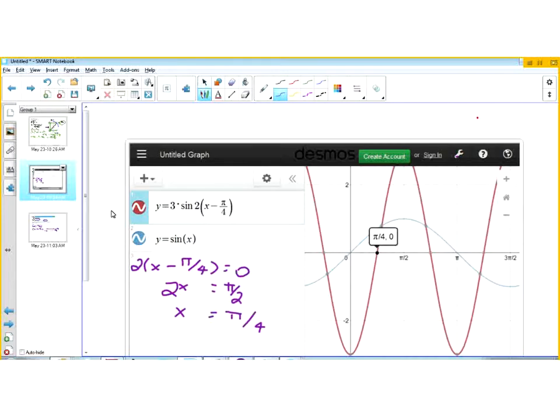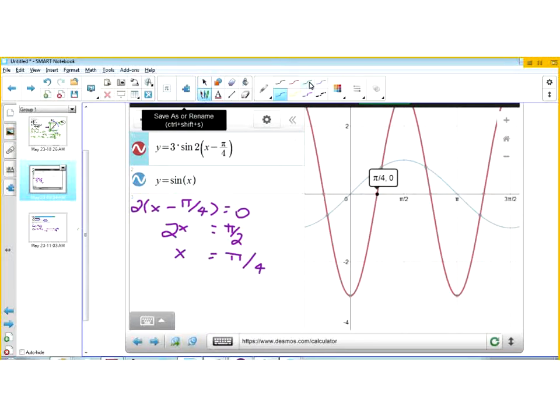So we say 2 times x minus pi fourths is equal to 2 pi, and we solve for x.